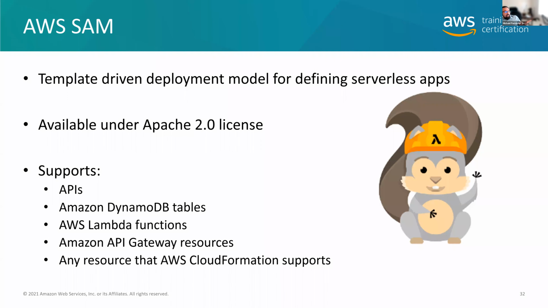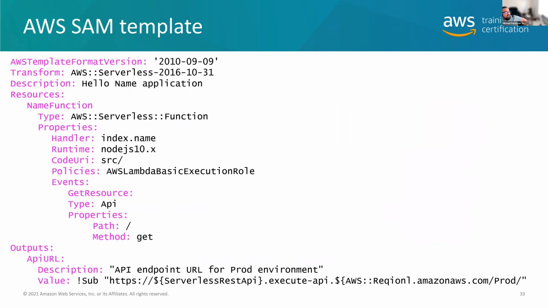SAM supports DynamoDB, Lambda functions, API Gateway, and basically any resource that CloudFormation supports, which is pretty much all of them except for the really new stuff. Notice here that there's a transform section at the top, and then a bunch of resources, including the handler, the runtime, code URIs, and basic policies that get invoked. This allows you to use CloudFormation to define these kinds of items en masse.